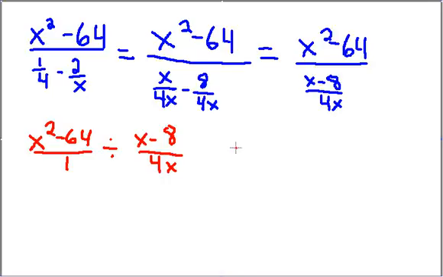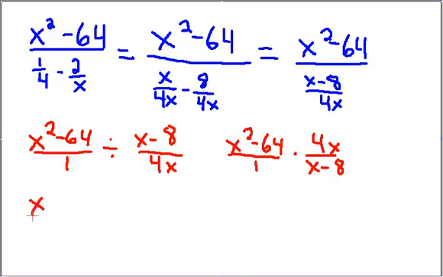Rewriting that, what we're going to do is have x squared minus 64 over 1, and we're going to change our division to a multiplication, and we are going to write the reciprocal of that second fraction, which is 4x over x minus 8. Now, x squared minus 64 is the difference of 2 squares. So that's going to be factored into x plus 8 times x minus 8.